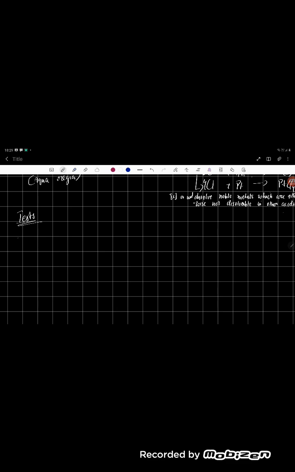We can do a glass rod dipped in NH3 plus HCl, which will give you NH4Cl, and this is dense white fumes. Another thing is addition of AgNO3 plus HCl will give you AgCl, which is a white precipitate, and HNO3.